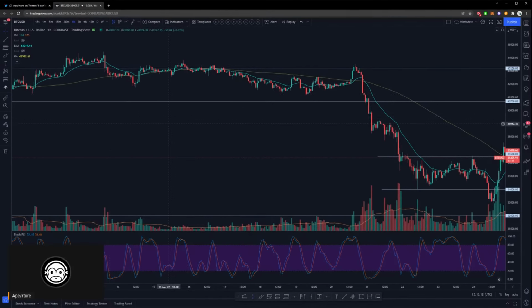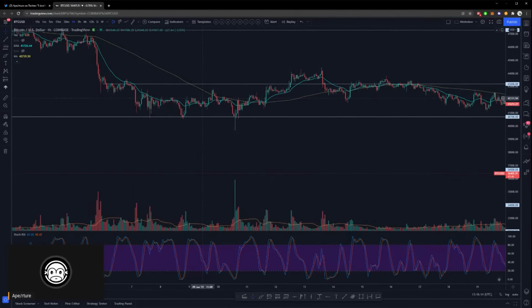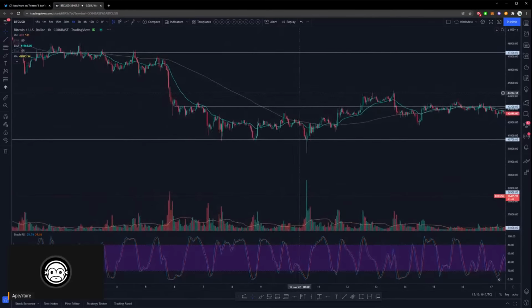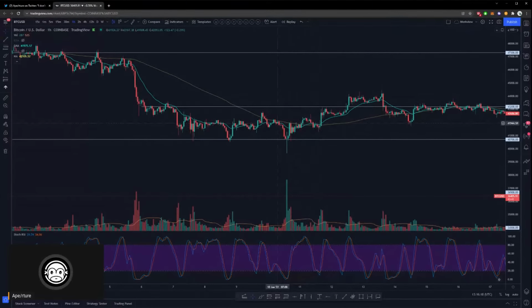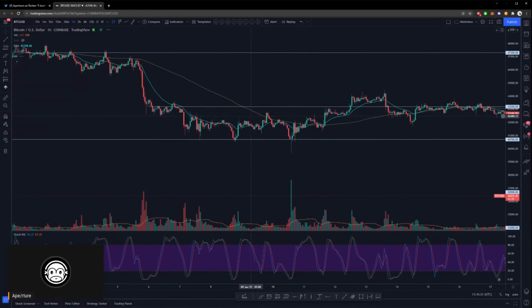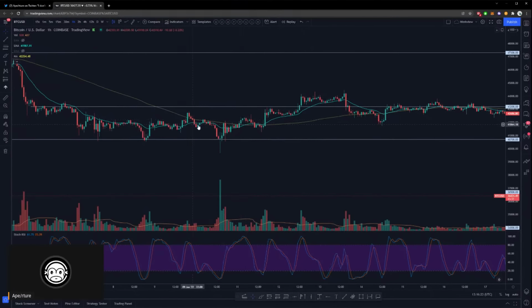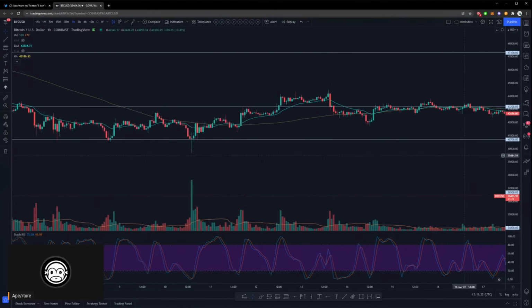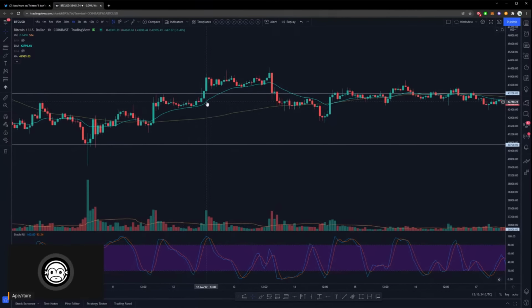You can ignore this chop over here, but that's what we saw in this range too, where there can be some lower time frame reversals, maybe more interesting for some day traders. Over here you can see that it doesn't really find acceptance above, but over here you can see that these moving averages start to cross and price finds acceptance above that level.